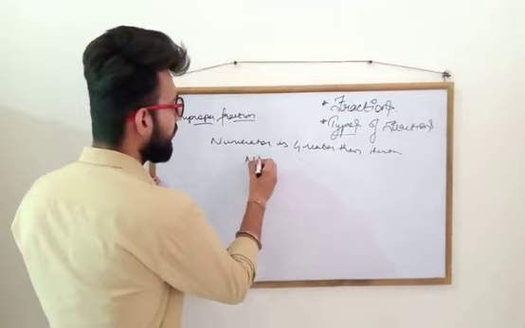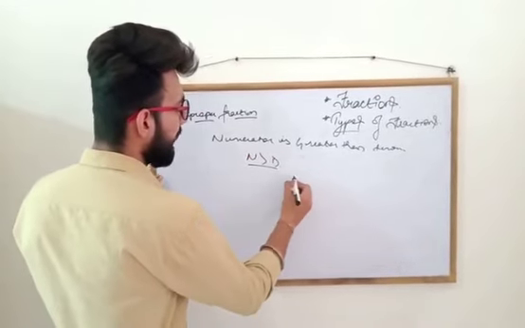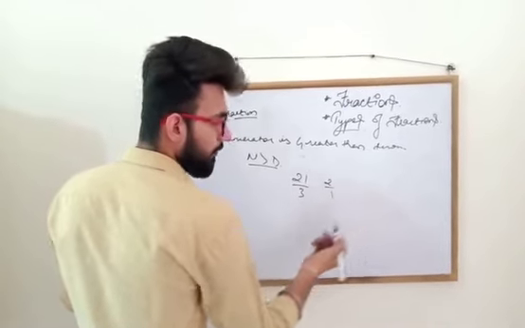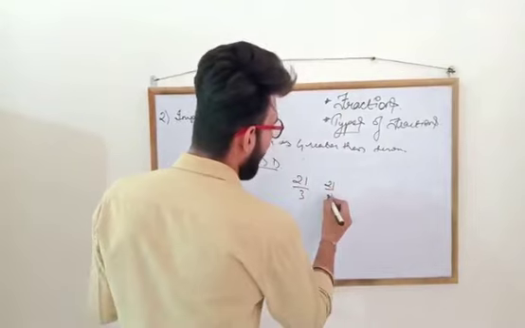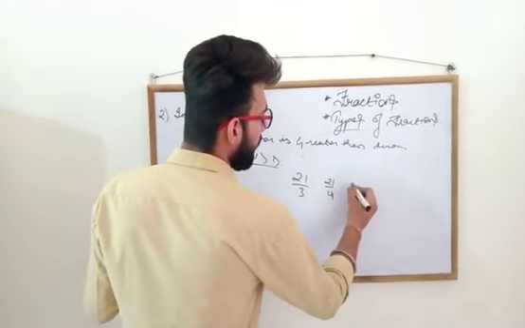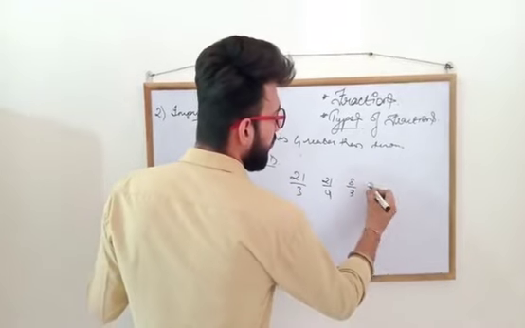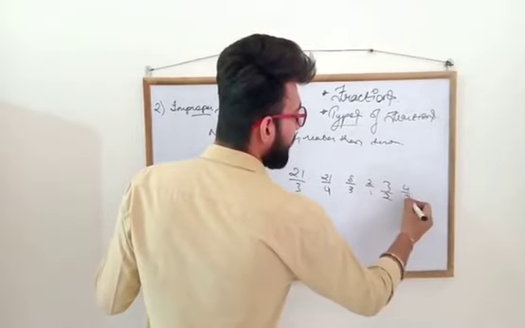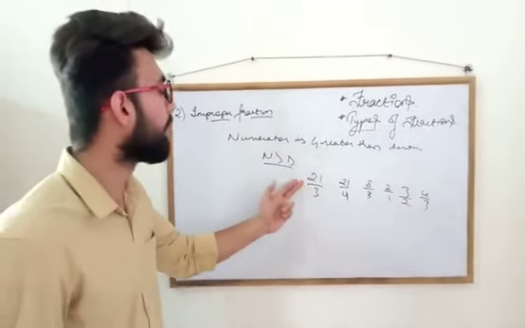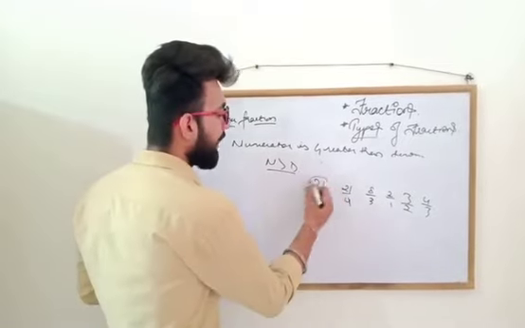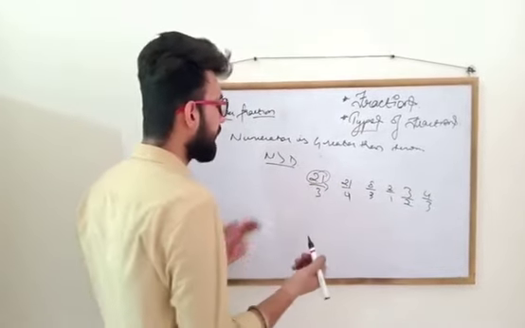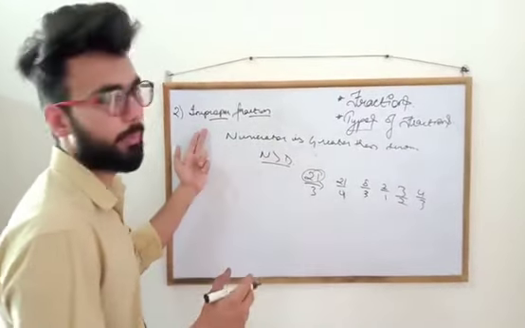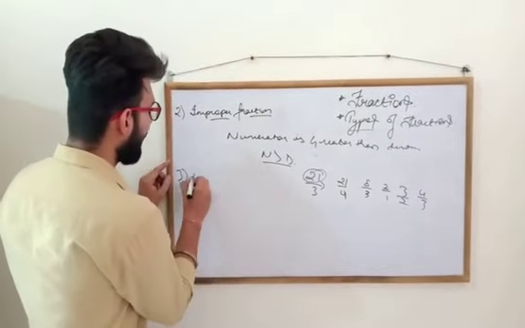It means numerator is greater than denominator, which we can see like this: 21/3, 2/1, or you can say 21/4 basically, or 8/3, 2/1 again, 3/2, 4/3, or anything in which the numerator is greater. Okay, 21 is always greater than 3, right? So in the same way, anything in which numerator is greater and denominator is smaller would be an improper fraction. So moving on to the third type, that is mixed fraction.